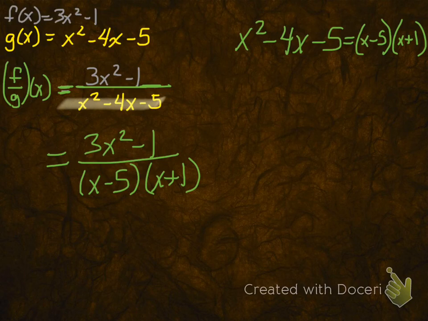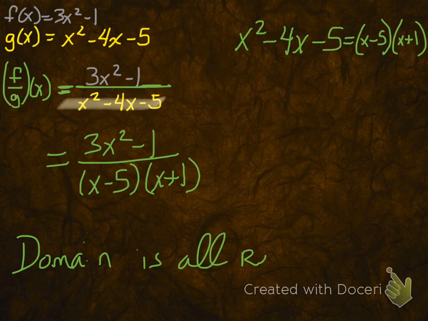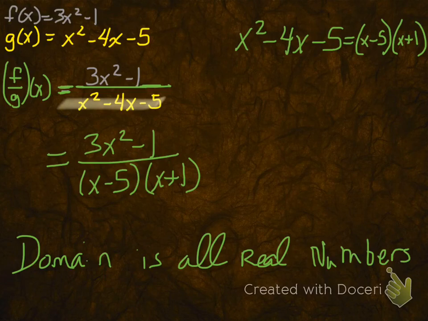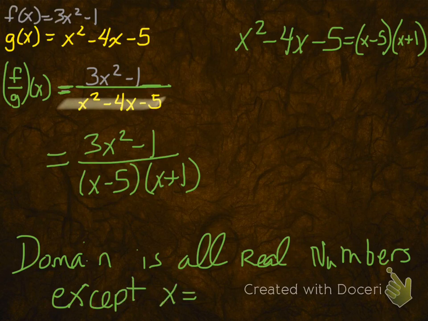So my domain is all real numbers except x equals, if I put a 5 in this denominator, this term would be 0.